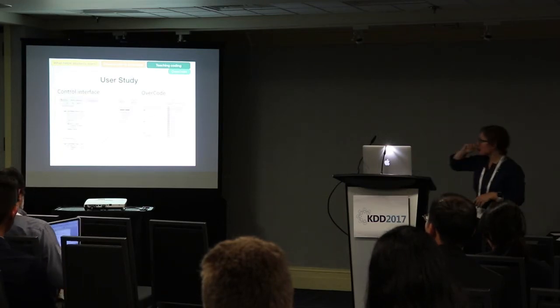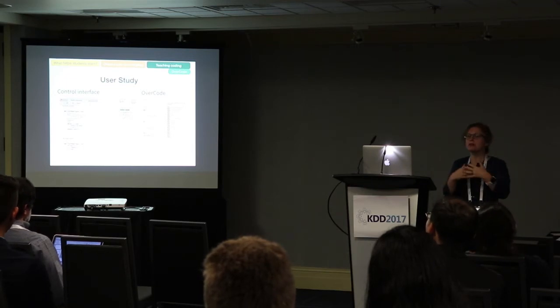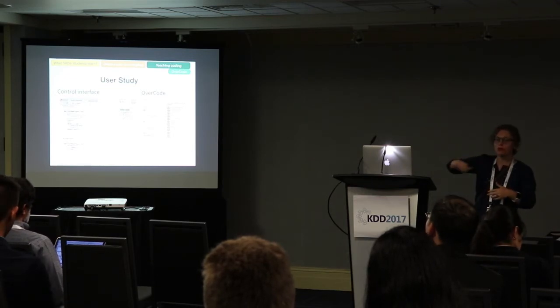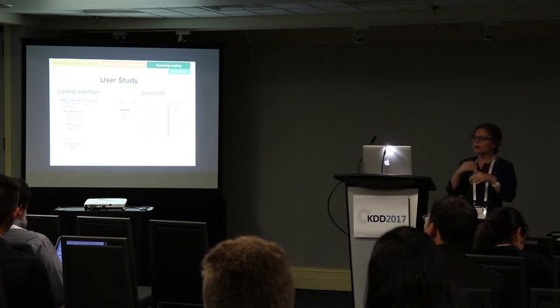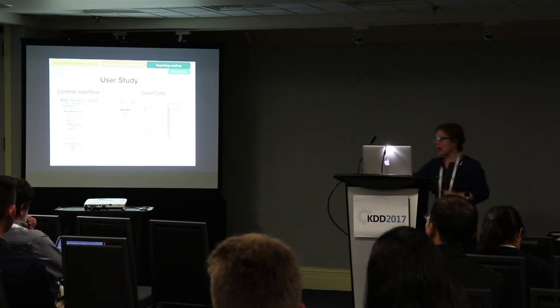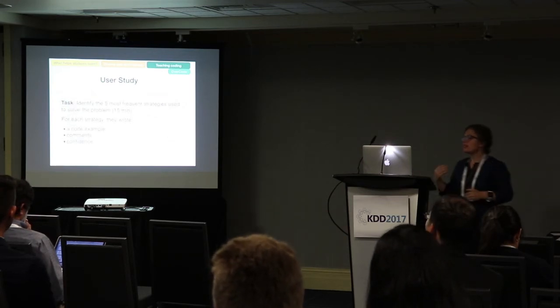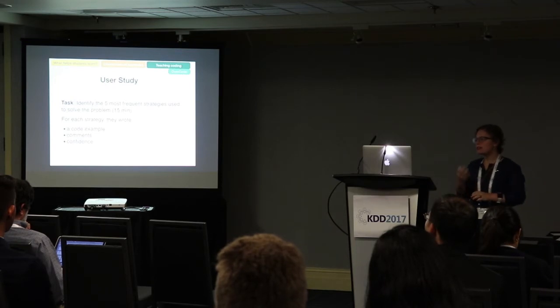So we used a control interface where we just nicely rendered the individual solutions without trying to collapse any dimensions of variation, and had people scroll through or use Control F in the browser to navigate just the raw, what you would typically have. So we asked them to identify the 5 most frequent but distinct strategies used by students to solve the problem.